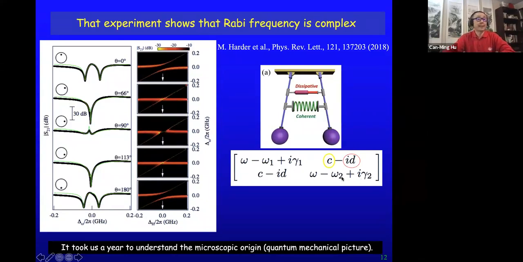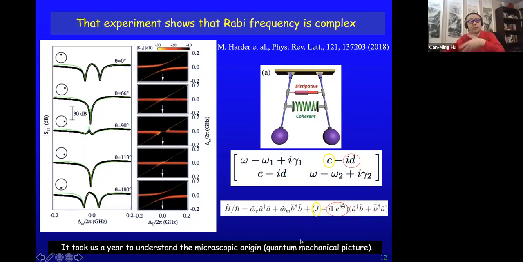And the phenomenon can be simply described using this very simple toy model, of two oscillators coupled simultaneously by a spring and a dashpot, if you like. And you can tune the YIG position to change the spring constant.